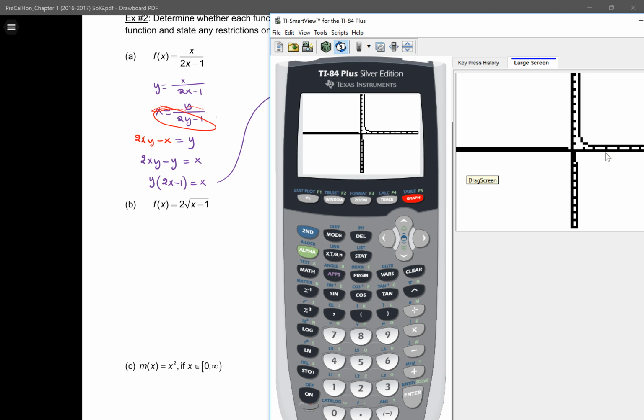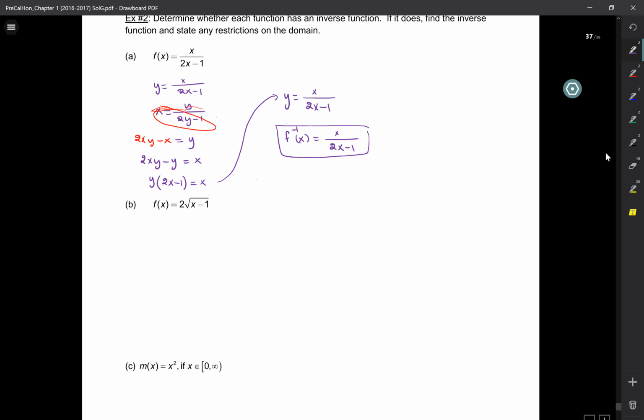And that's fine. That's okay. So what are the restrictions? x cannot be 1/2, because 2x minus 1 cannot be 0 for the denominator. That means 2x cannot be 1, and x cannot be 1/2.